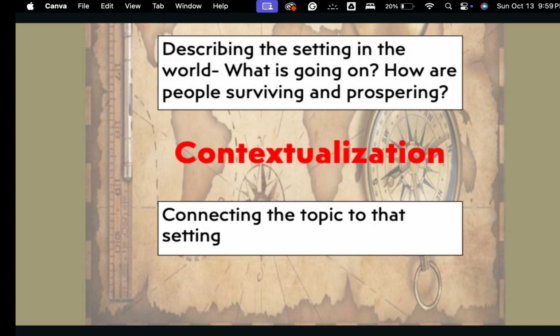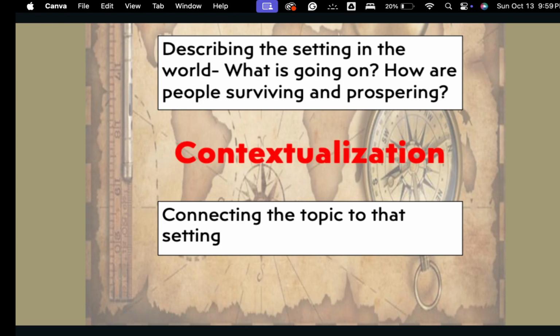And this setting, this statement, does two things. It describes what's going on in the world. What events and developments are leading up to the topic that you're focused on. And there's a statement that connects or explains how the topic is connected to that setting.